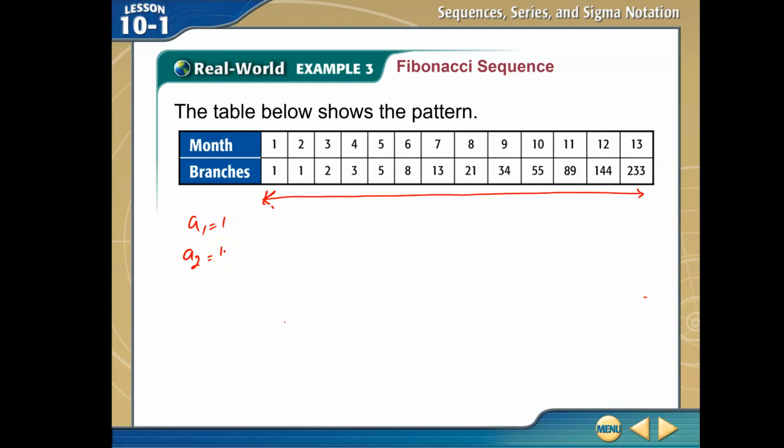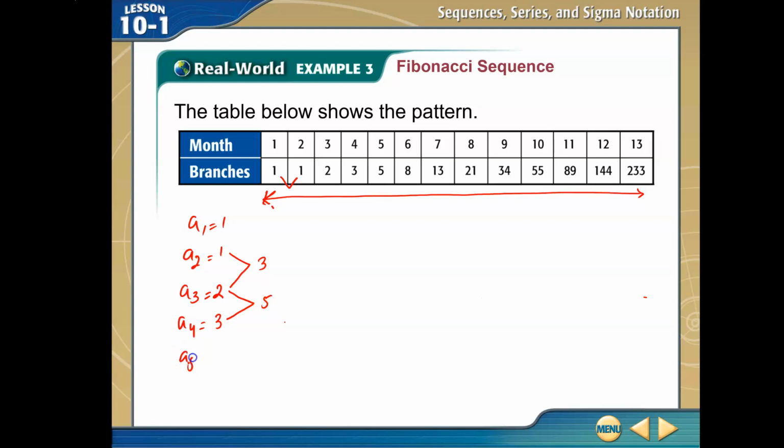Now the third term is the sum of the previous two terms. So this one and this one, the sum of the previous two terms is the next term, which is 2. Now the next term, A4, is the sum of these two, which is 3. The next term is the sum of these two, which is 5.